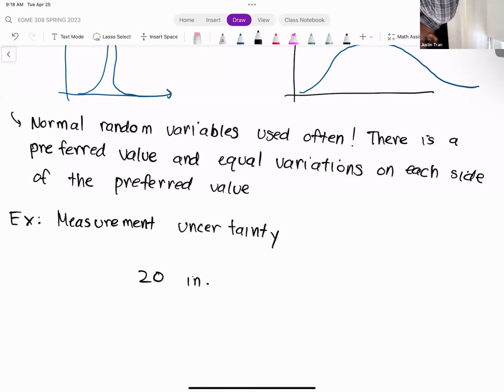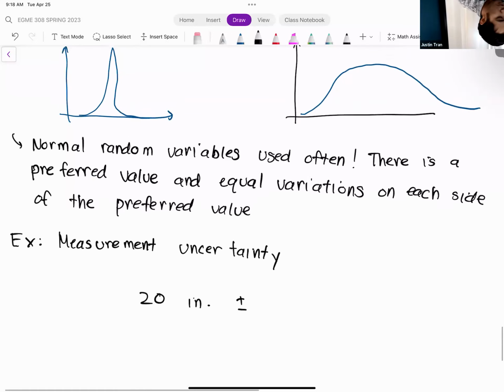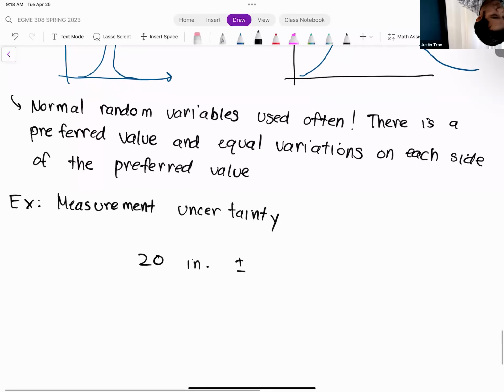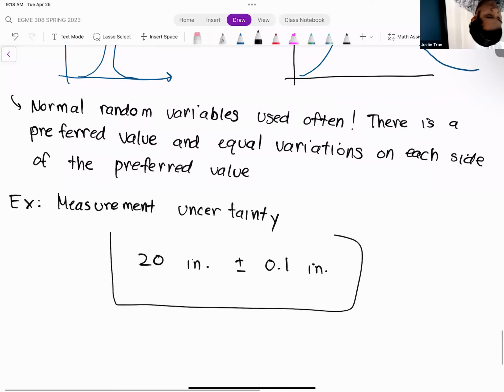that whenever we measure something, there's always some uncertainty, because when you're looking at a ruler, the amount of precision that you have is given by how many tick marks they have. So maybe the length of your computer monitor is 20 inches, plus or minus maybe 0.1 inches.